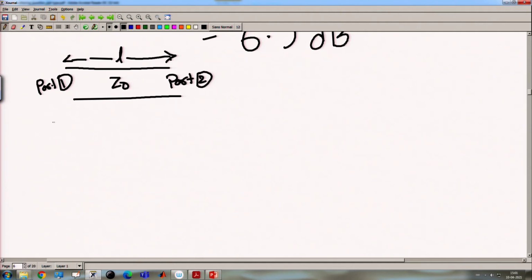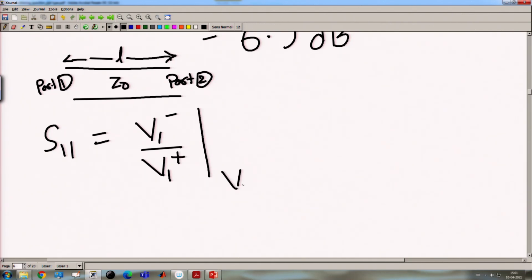Now we know S11 is defined as V1 minus divided by V1 plus when V2 plus equals 0. V2 plus equal to 0 means we have to terminate port 2 with Z naught.